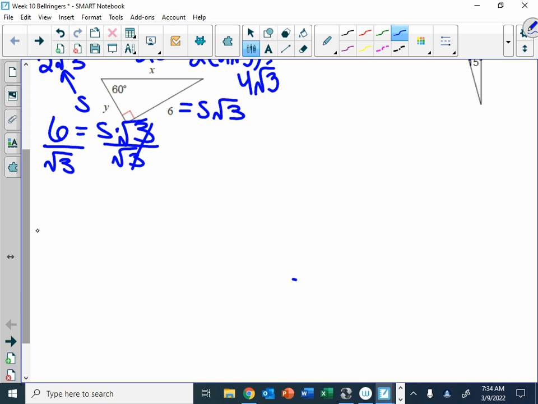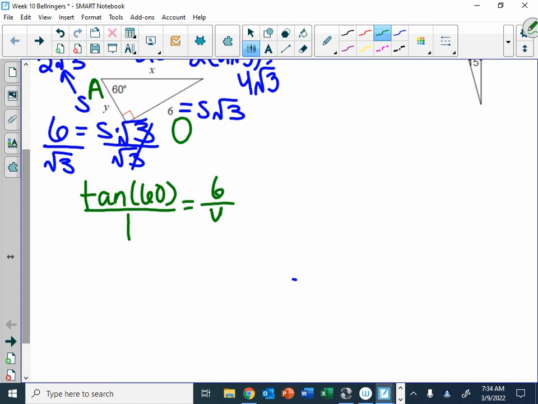Is it opposite, adjacent, or hypotenuse? Opposite. And how does y relate to 60? Adjacent. OA, which one do I use? Tangent. So tangent of 60 over 1 is 6 over y.